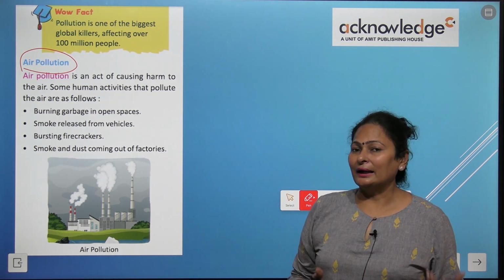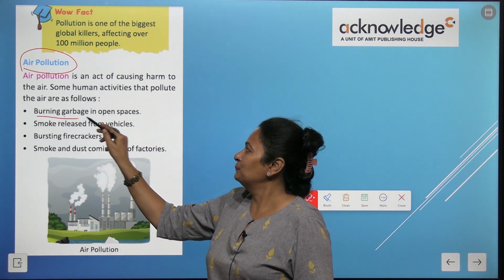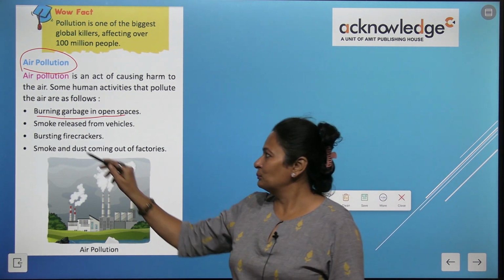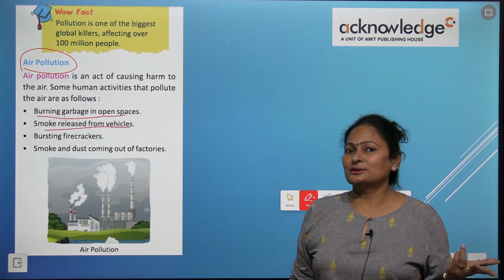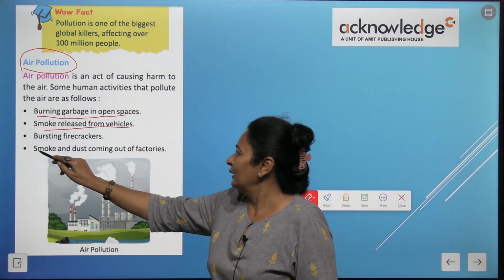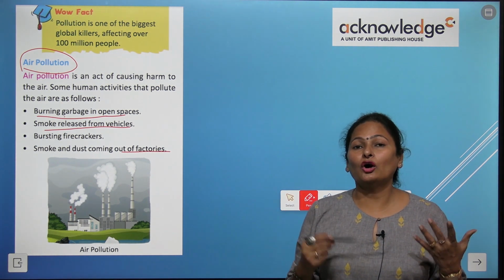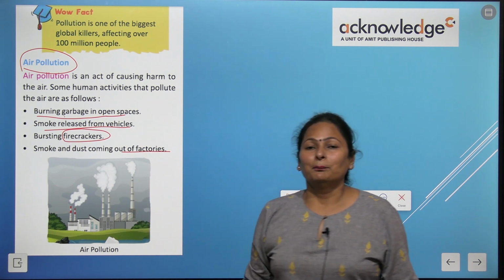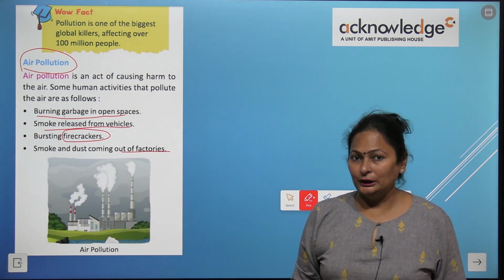The smoke that emits from garbage burnt in open places, the smoke released from vehicles, the smoke released by factories, and bursting of crackers are the main causes of air pollution.